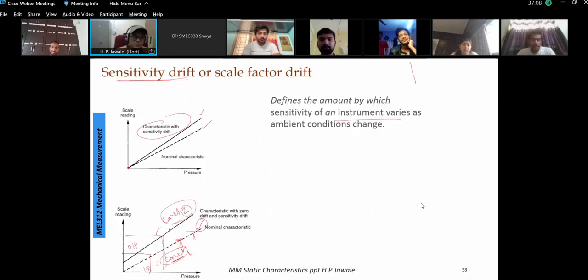Right. So this is called a sensitivity drift. So the total effect of the drift or change in the instrument characteristics or the measurement system characteristics is the addition of the sensitivity drift plus zero drift.